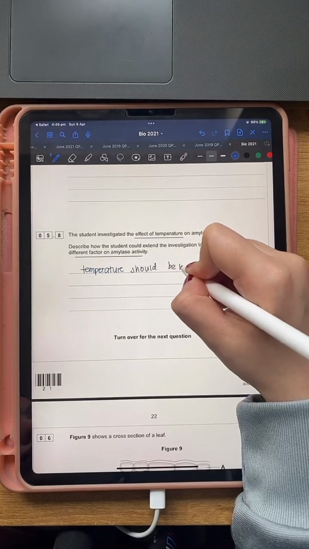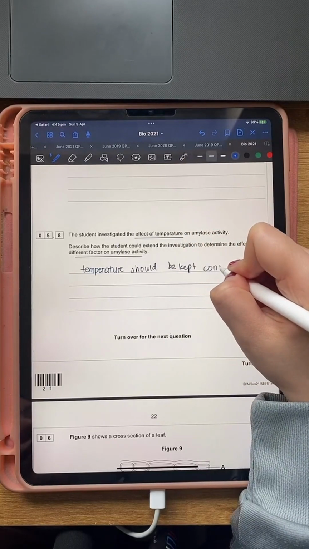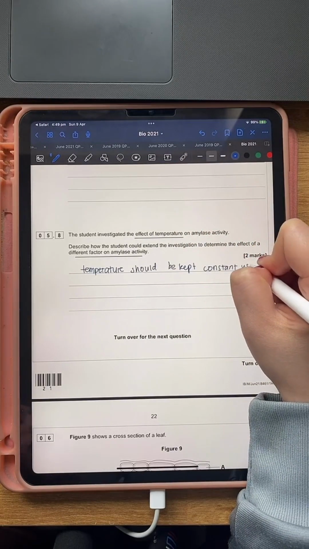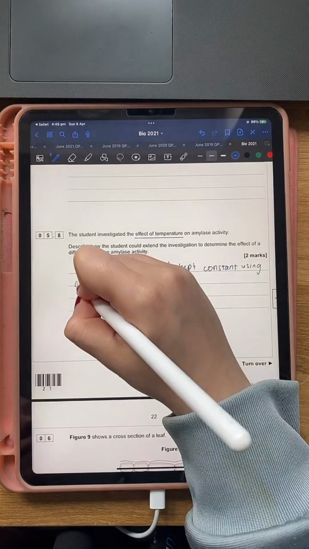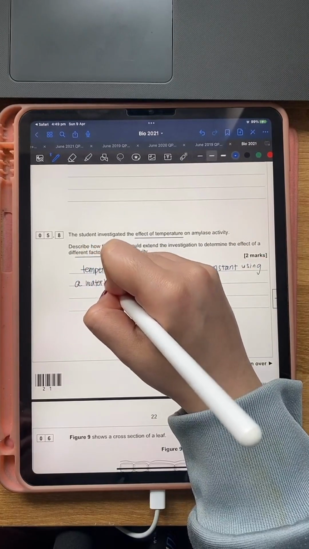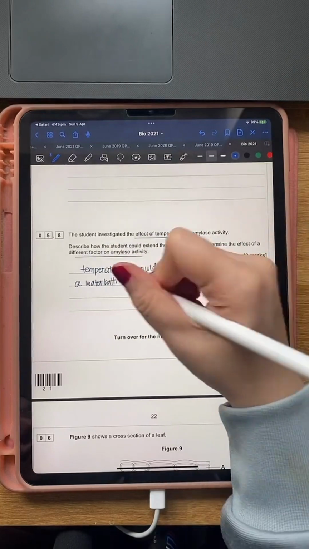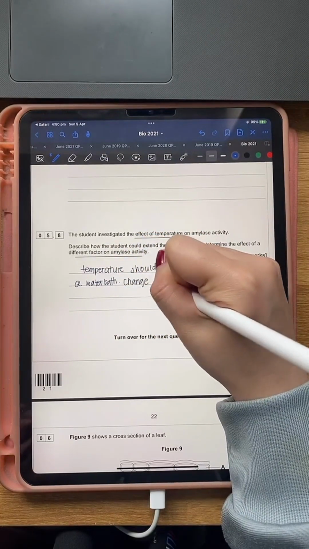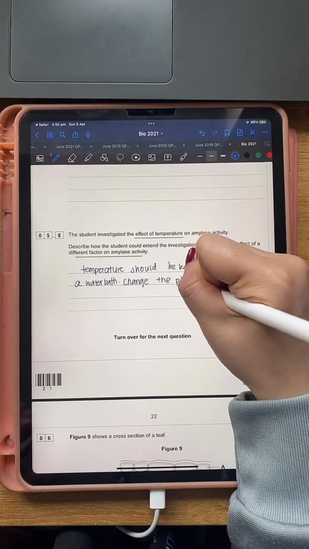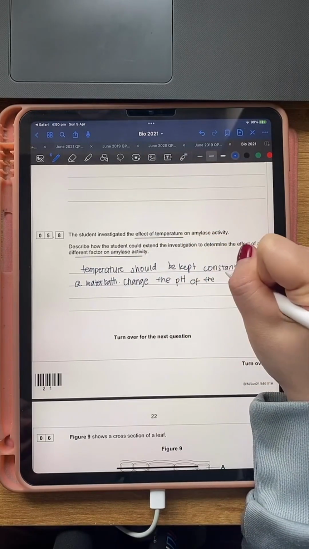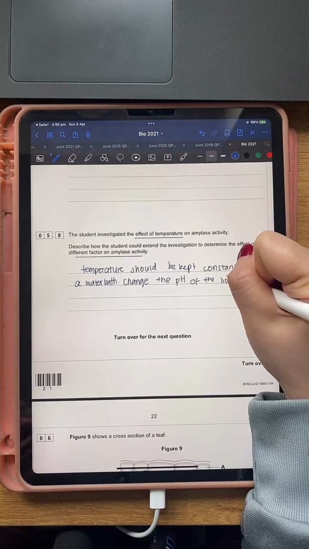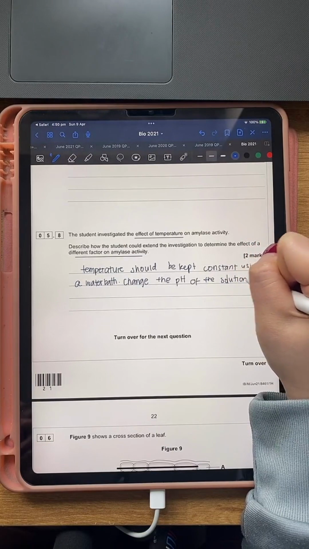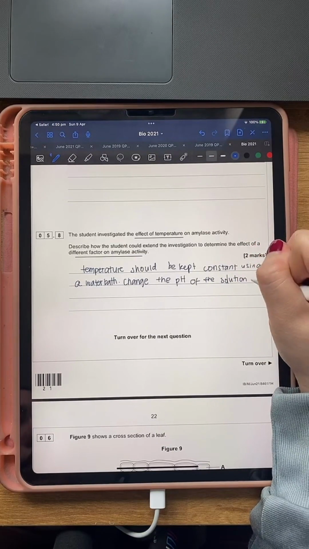Change the pH of the solution at pH 1 to 14 using acids and bases. There you go.